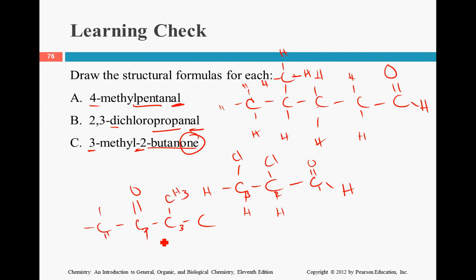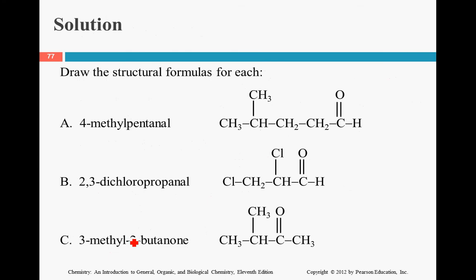All the rest of these are hydrogens. Remember, each carbon has a total of 4 bonds. Because we have 2 with the oxygens, 1 to this carbon, 1 to this carbon, there is no hydrogen on that one. And there's your answers. And that is all for naming aldehydes and ketones.